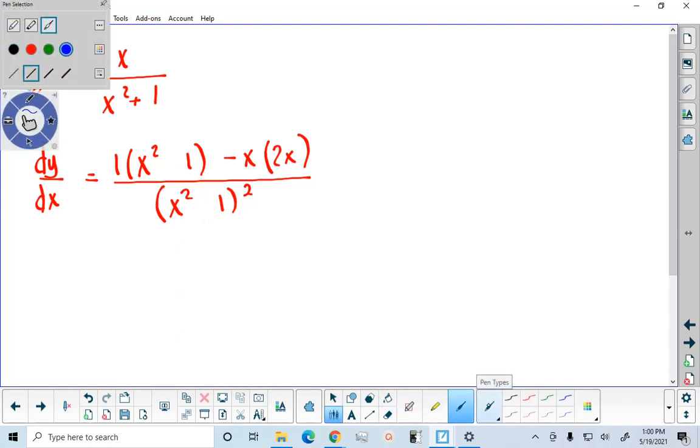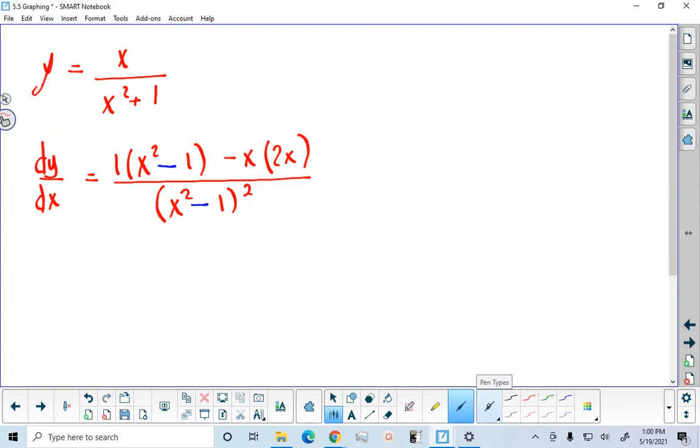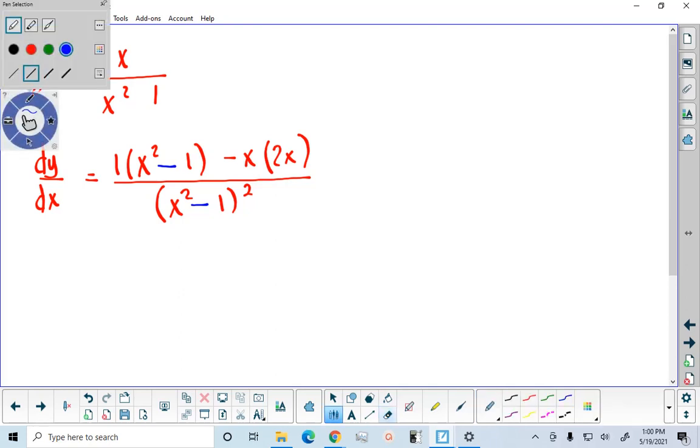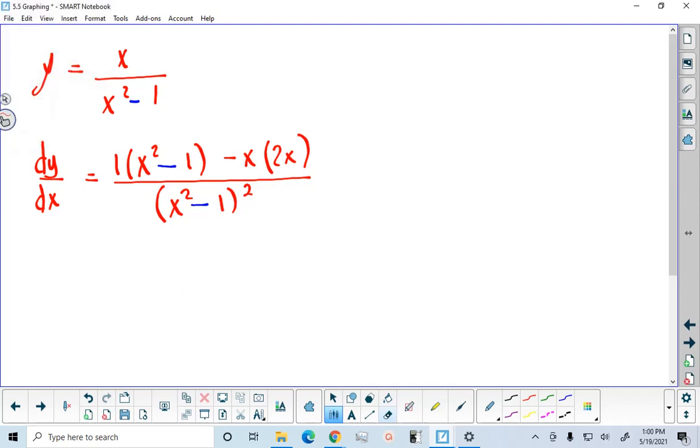So just in case you didn't catch that, I'll put it in a different color. I put x squared plus 1 by mistake. So go back to the beginning of my explanation here. When I notice that, the derivative of the top is 1 times the bottom, which is x squared minus 1, minus the top, which is x, times the derivative of the bottom, which is 2x, and then over the bottom squared.